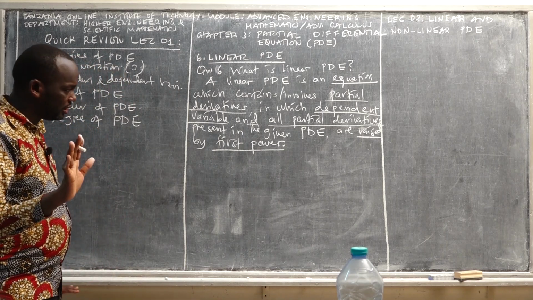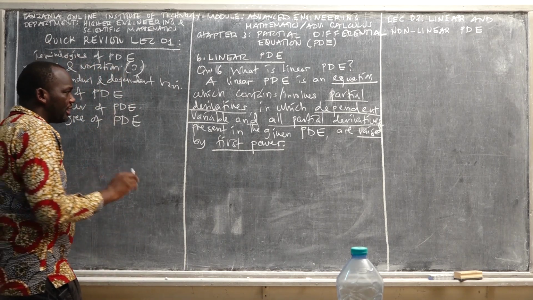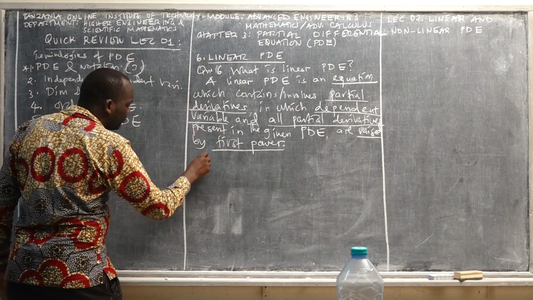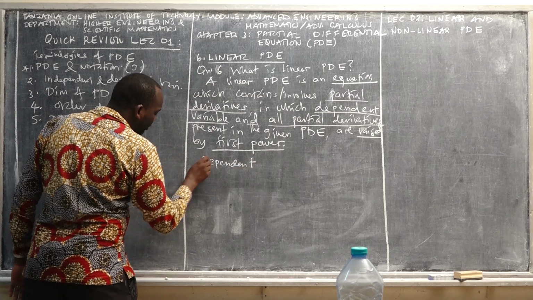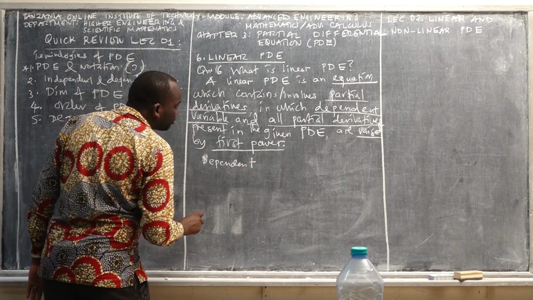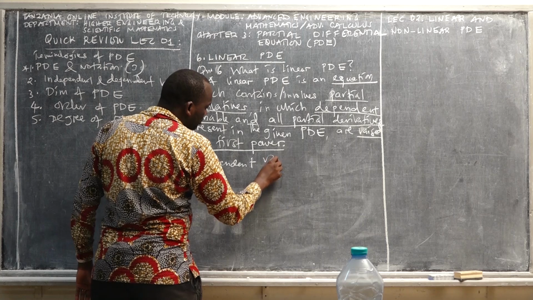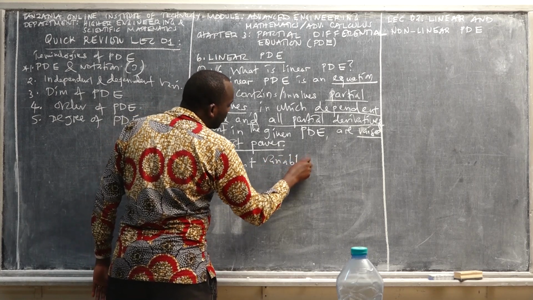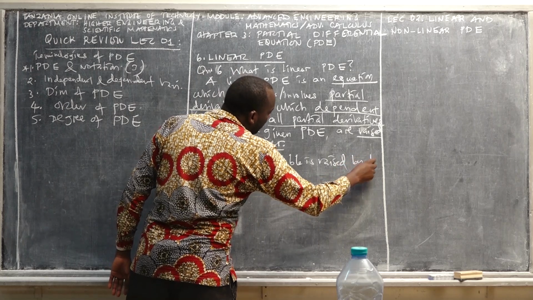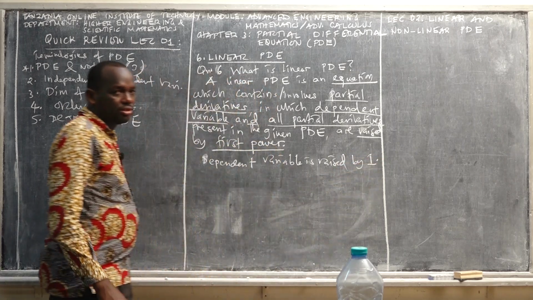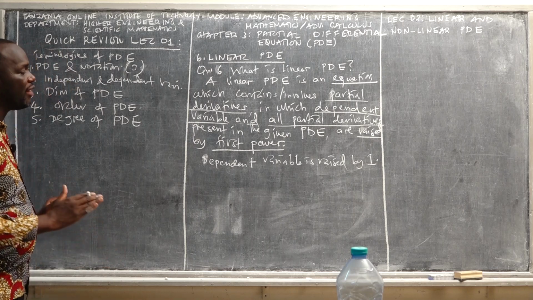What does it mean? Listen, this is very important. According to this definition, first of all, the characteristic of a linear partial differential equation is this: the dependent variable is raised by first power, or by 1. So any dependent variable will have a power of 1.